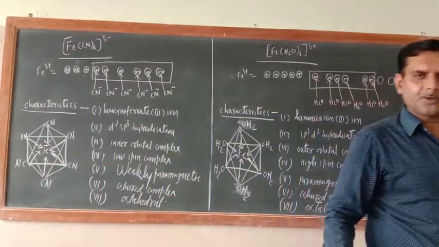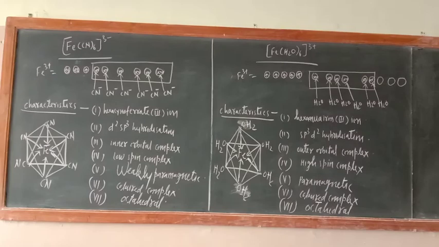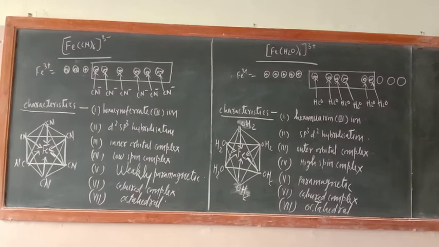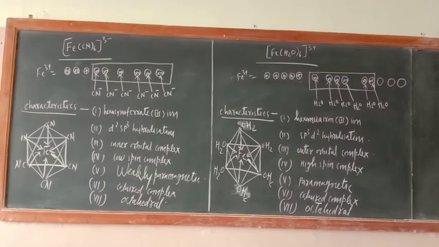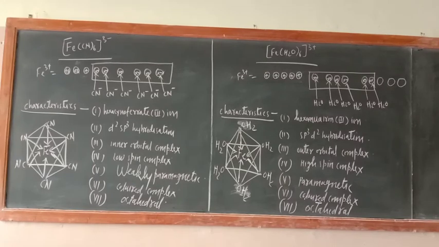I hope that you understood this one. So in this way the duration of the video is also over. More than 41 minutes of video is there, but I hope that you understood everything. So in this way, if another compound comes, just by seeing the ligand you will know whether it is an inner orbital complex or outer orbital complex.